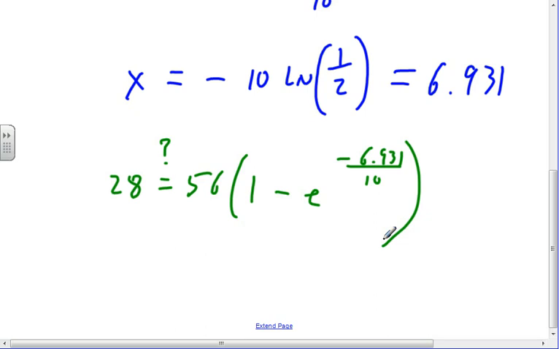So I got 56 times, open parentheses, 1 minus e to the minus 6.931 divided by 10, close parentheses, I think.